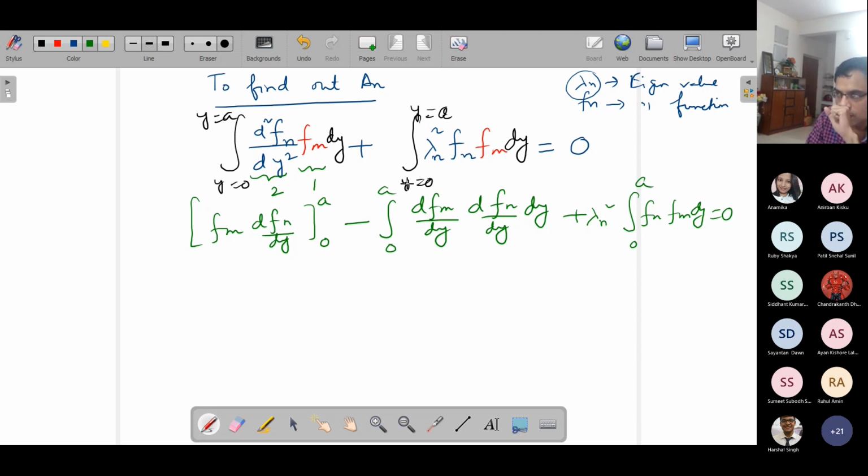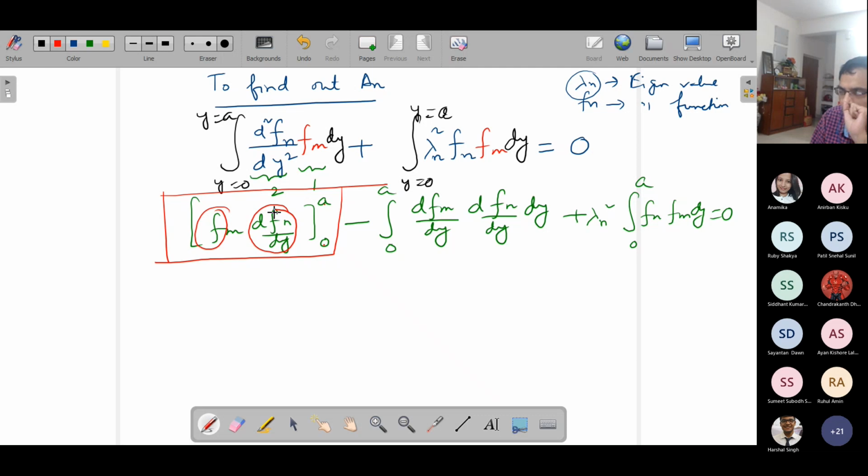In this we have integration terms and the boundary term. If you look into this boundary term, what directly appear are the value of f at the boundary, that is y equal to 0 and y equal to a, and the value of df dy at the boundary, y equal to 0 and y equal to a.